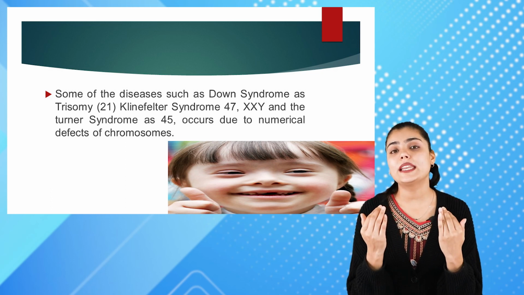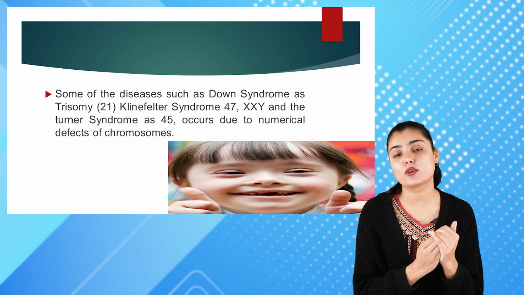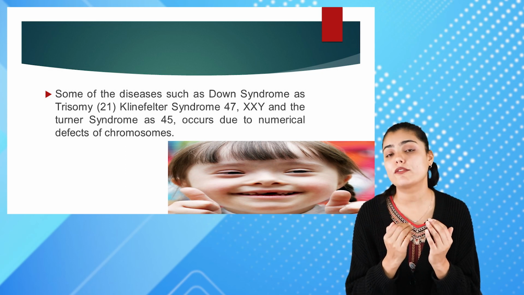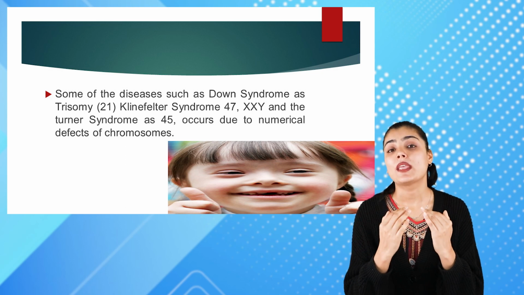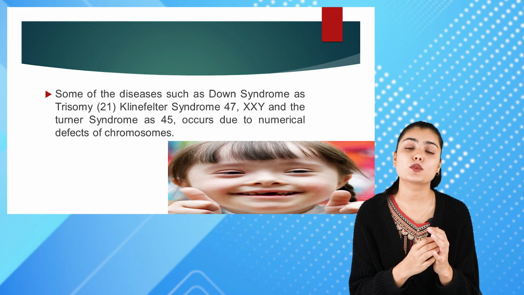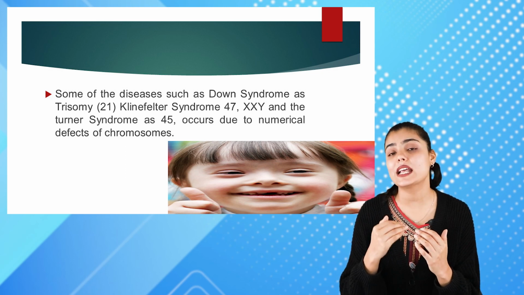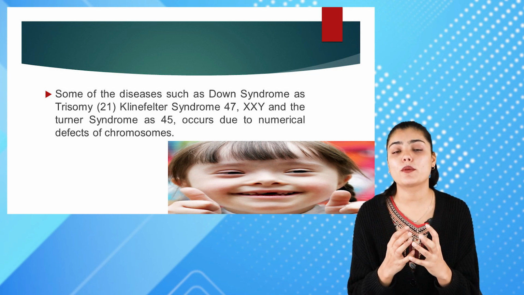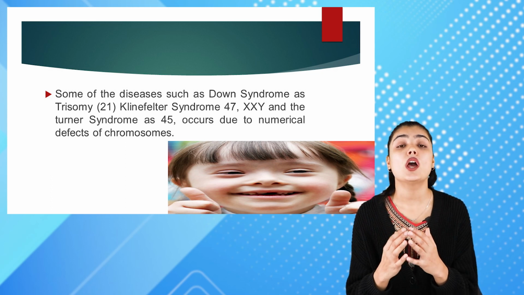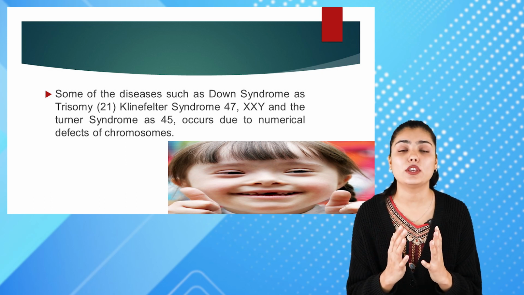Earlier, there was no investigation to tell us whether there were additional chromosomes or deletion of chromosomes, or any abnormality in the chromosomes or genes. But now there are investigations that help healthcare professionals understand if there is any addition, deletion, or shortage in chromosomes and genes in the human body.